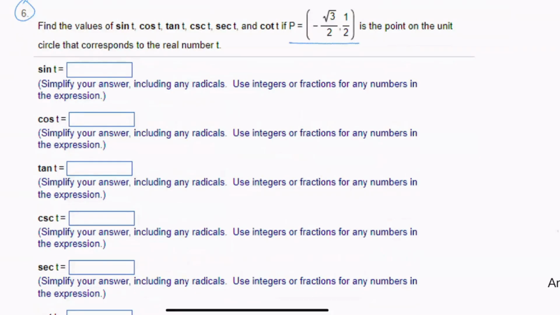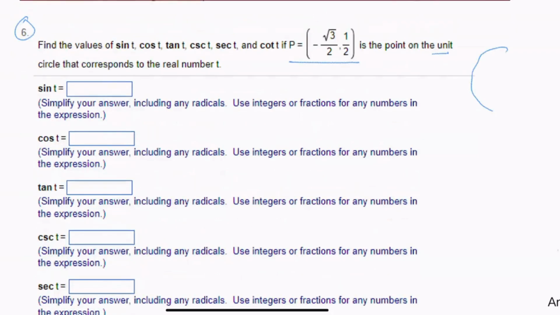A point P, which is a point on a unit circle. If this is the unit circle on the right here, I will draw something like this. And this is negative, comma, a positive number. So your point P should be somewhere here in the second quadrant. If this point is on the unit circle, it means this is x comma y, which is in the second quadrant.